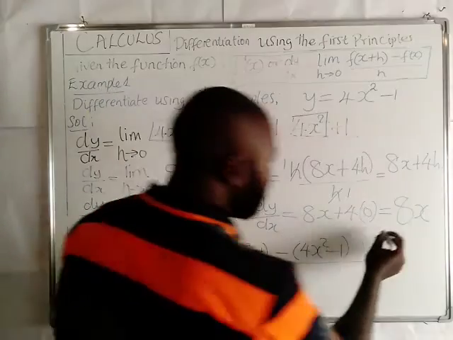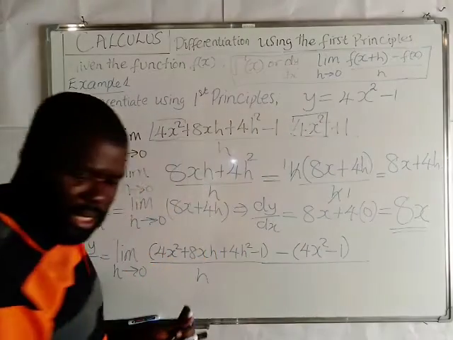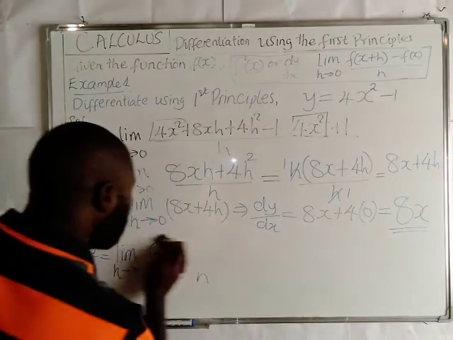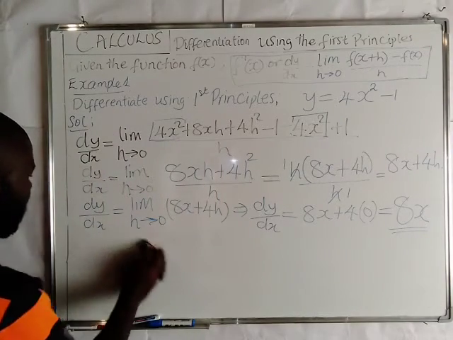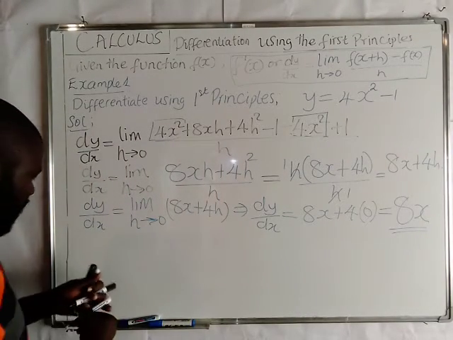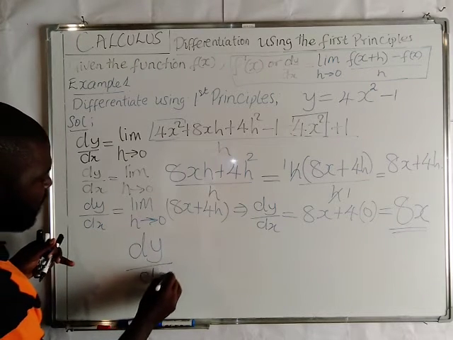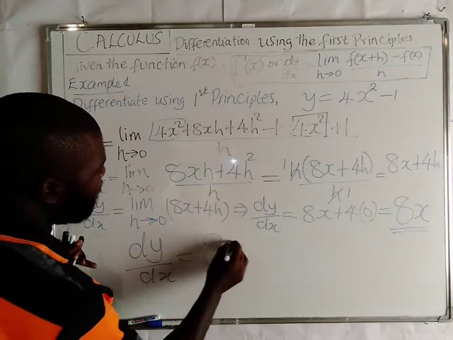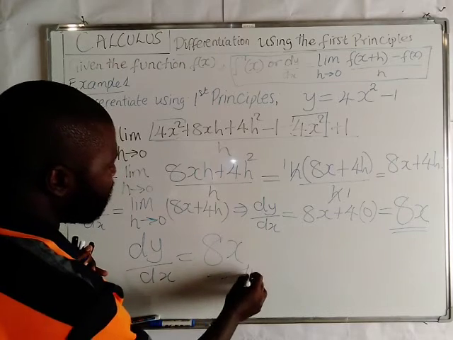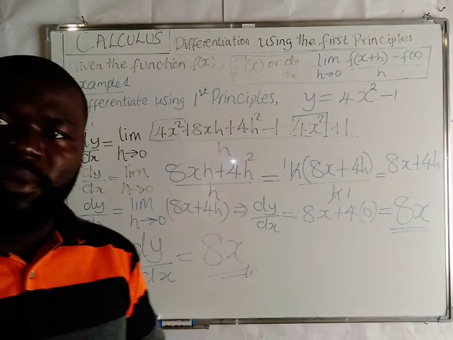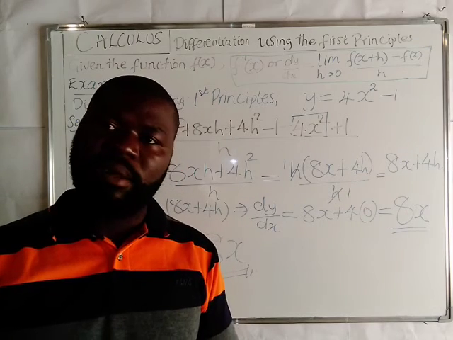So basically, our dy dx for our question under discussion is 8x. So dy dx is equal to 8x. So this is how we use the first principle when differentiating f of x.